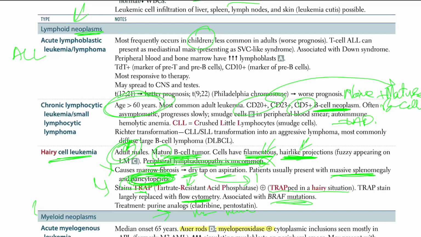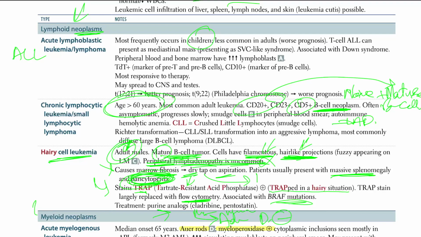Cladribine is an adenosine deaminase inhibitor. Adenosine accumulates to toxic levels in these neoplastic B cells, and this leads to death of the neoplastic B cells.